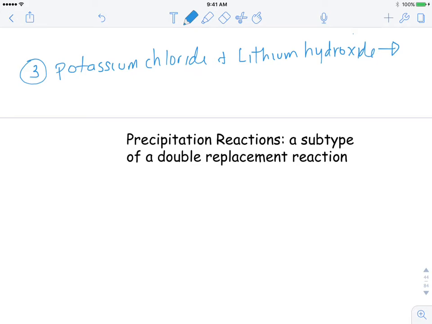So normally I do more practice here with more precipitations. We could try one like this. We could do magnesium nitrate plus sodium hydroxide.